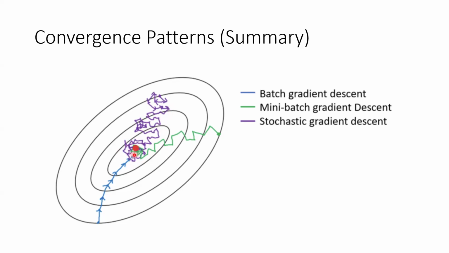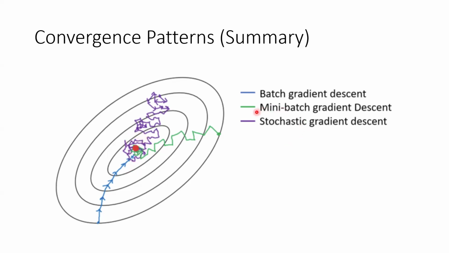And even after it has come to the optimum point, it may not be staying at the optimum point, but it is walking around the optimum point, because each data point may not be representing the whole distribution. Even after we have arrived at the optimum point, due to some reason it may be pointing away from that point. So because of that, there would be some final error higher than the batch gradient descent when it comes to stochastic gradient descent.